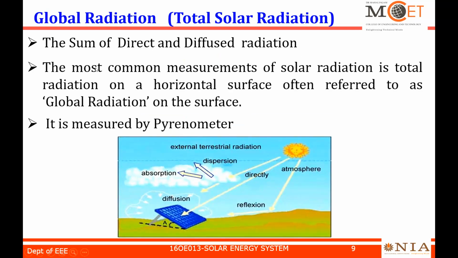Global radiation: the sum of direct and diffuse radiation is called global radiation. The most common measurement of solar radiation is total radiation on a horizontal surface, often referred to as global radiation on the surface. Pyranometer is an instrument used to measure both direct and diffuse radiation. So these are the three classifications of solar radiation.